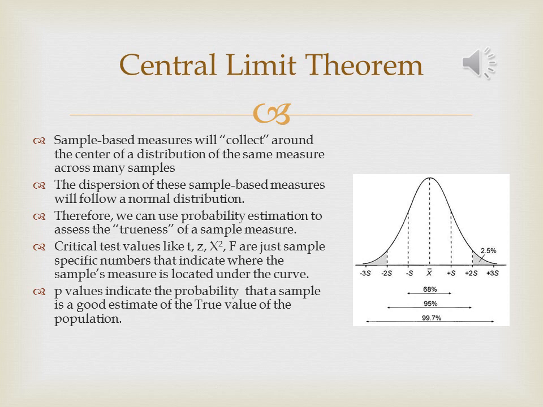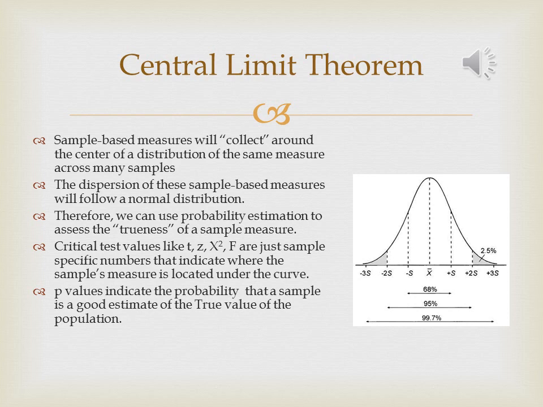But if it's out in those shaded tails, where half of the probability of 5%, the difference between 100% and 95 is 5, right? So half of it is on one side of the curve and the other half is on the other side of the curve. That's why it says 2.5. 2.5 is on the other side.